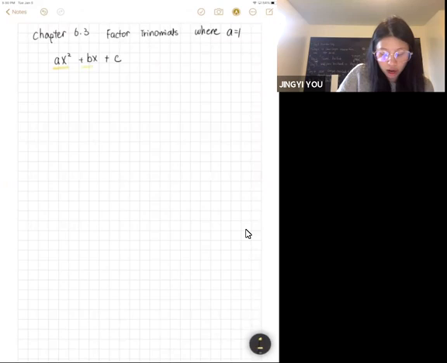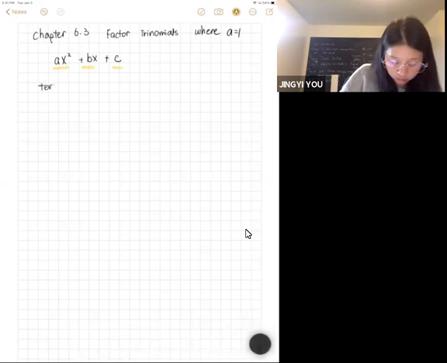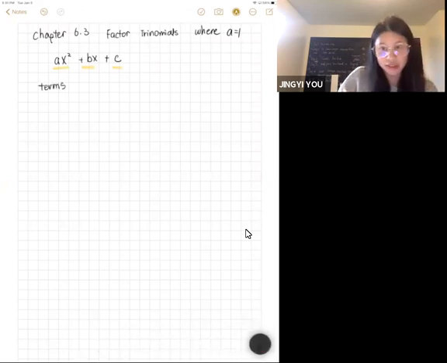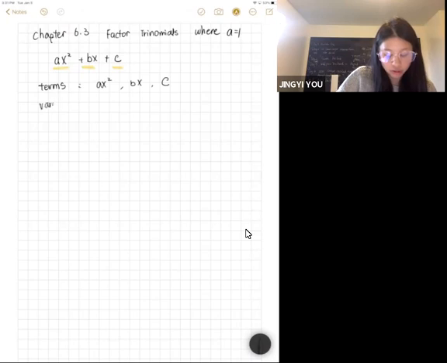These parts are called terms, such as ax squared, bx, and the c. In this specific example, our polynomial has 3 terms. And then the x, whatever the unknown letters, we call variables.